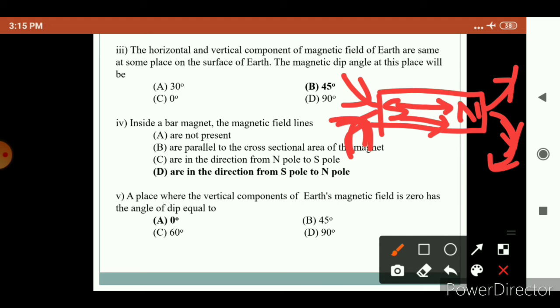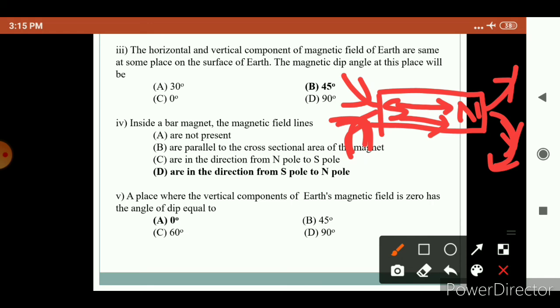Next, a place where the vertical component of Earth's magnetic field is 0 has the angle of dip equal to, as I discussed before in the third case, there are some special cases about these vertical and horizontal magnetic fields. Depending on that, the angle of dip is equal to 0 degrees. What is the question? A place where the vertical component of Earth's magnetic field is 0.